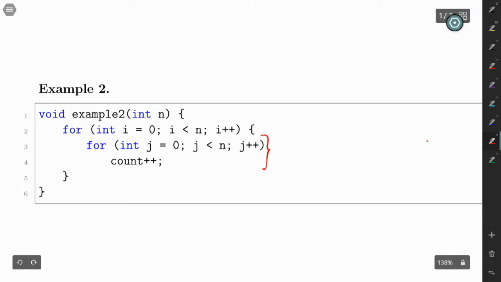So we know that the inner loop is going to run for n iterations, but then the inner loop this time is going to run for those n iterations on every iteration of the outer loop, and the outer loop runs for n iterations itself. So the total big O runtime complexity of this method is going to be O of n times n, or O of n squared.